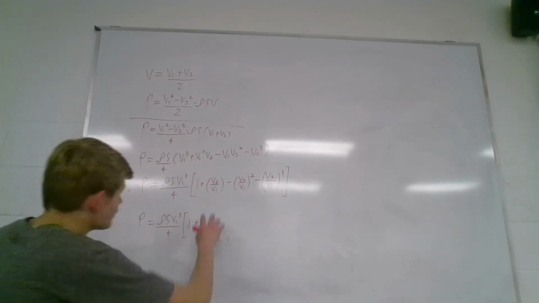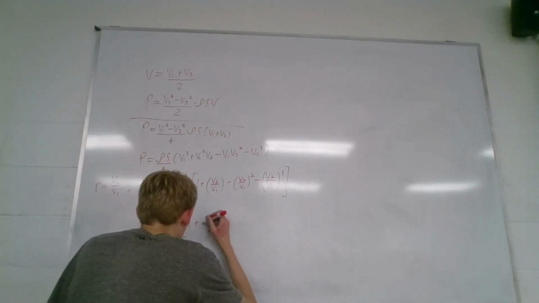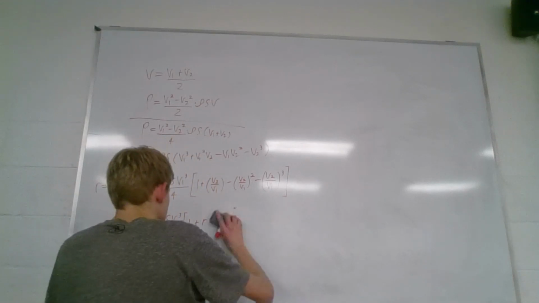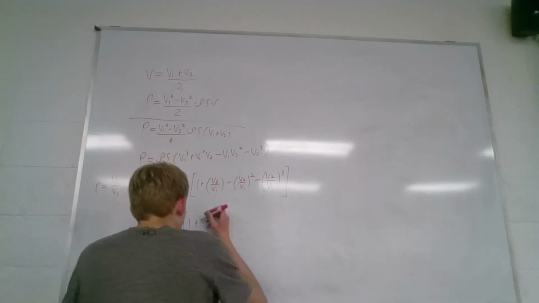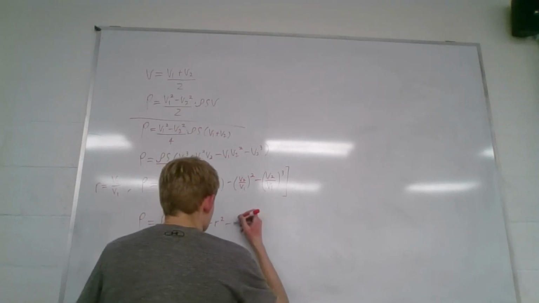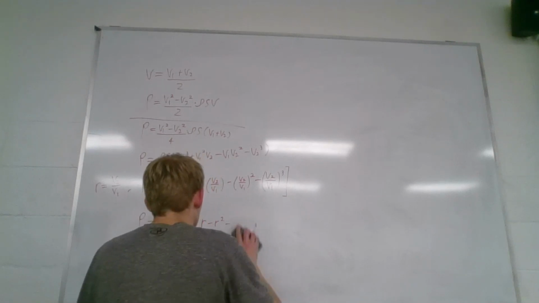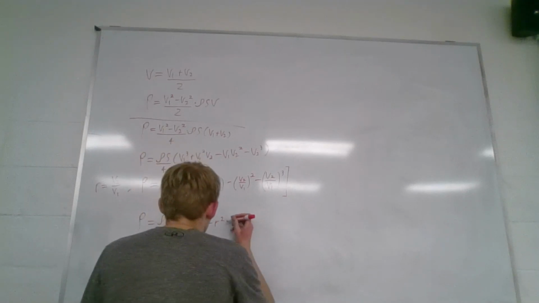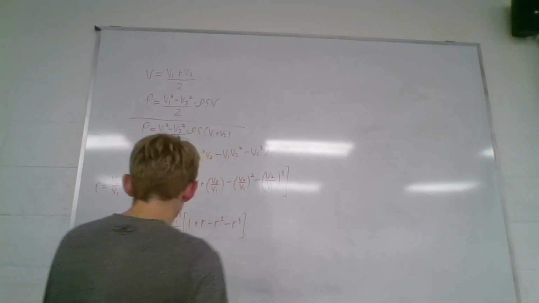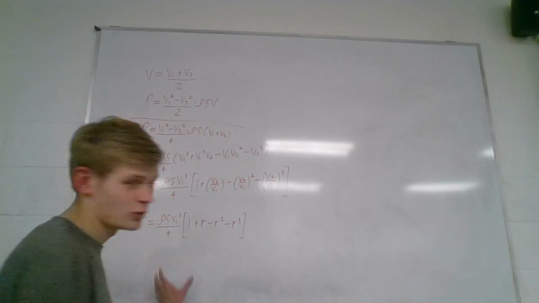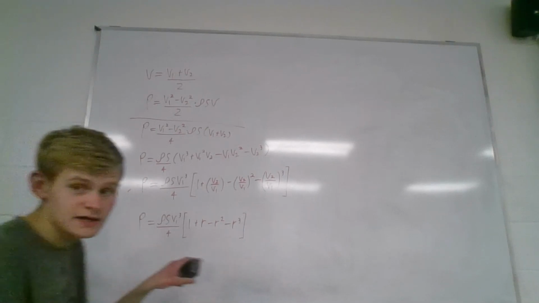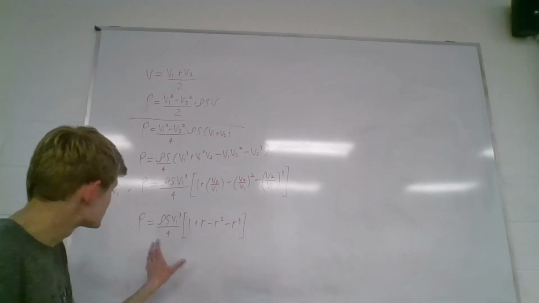So we'll start replacing all these variables with r. Sorry, I'm writing very small today. So this is our new equation. And then we can now take the derivative of this entire equation with respect to r.